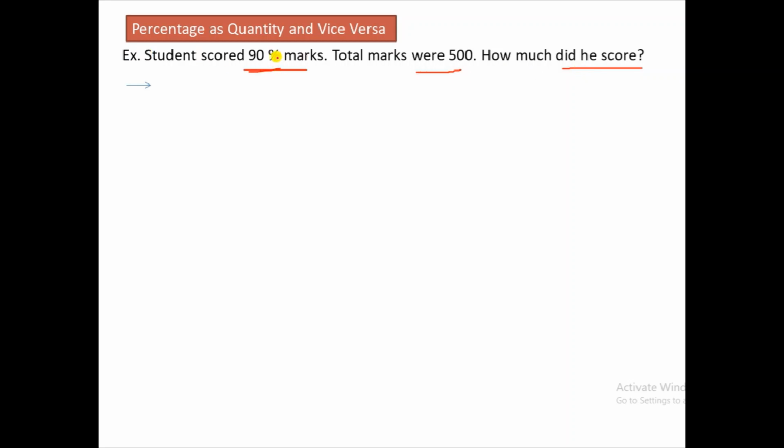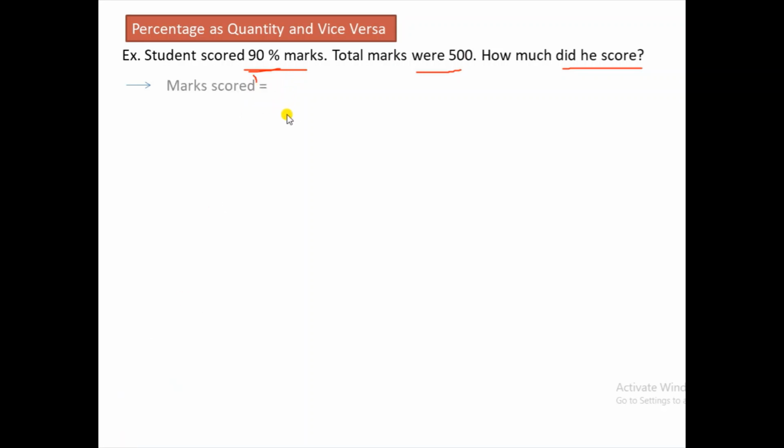So 90% marks means if the paper was of 100 marks, he may have got 90 marks. So this 90 is actually out of 100. We want the marks out of 500. So what is going to be the marks out of 500?